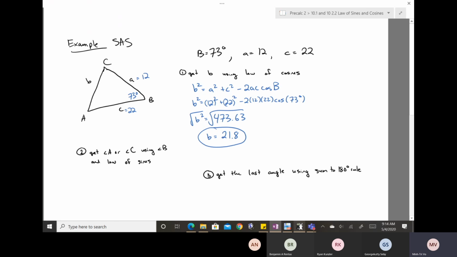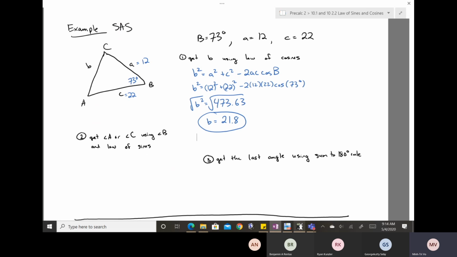Okay, so now I know side B. I know this side. And then again, you can continue using the law of cosines, but it's easier to now switch to the law of sines, right? So I know B completely.